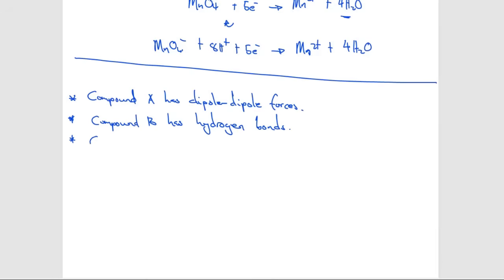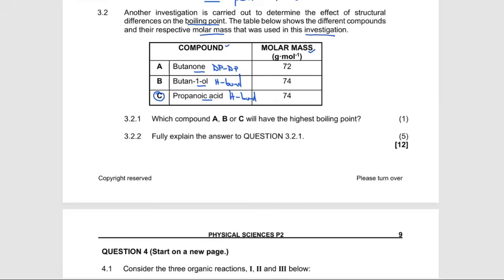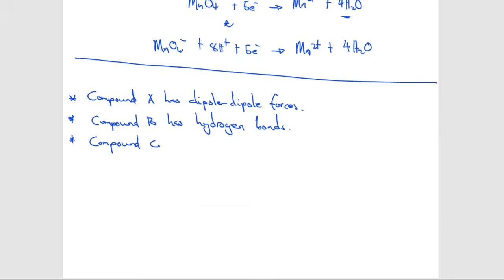The differences, right? Then I'm going to proceed again to our compound C, which is a carboxylic acid. Yes, a carboxylic acid. Then I'm going to say compound C also has hydrogen bonds, right? So hydrogen bonds. Now the question might arise and say, okay, since these two have got the same type of bonds, why is it that C has got what? A higher boiling point than B.